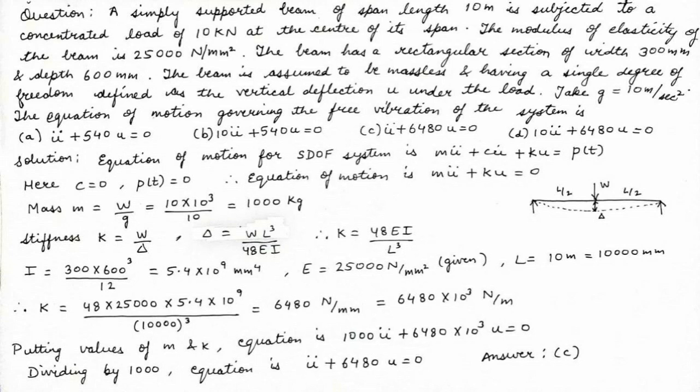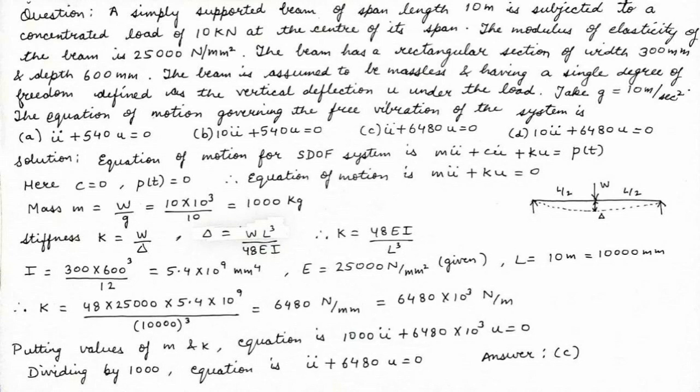Now we have to find out the stiffness, which is load per unit deflection. We know from our knowledge of mechanics of solids that for a simply supported beam of length L and subjected to a concentrated load at the center of the span, the deflection under the load will be WL cube divided by 48 EI.